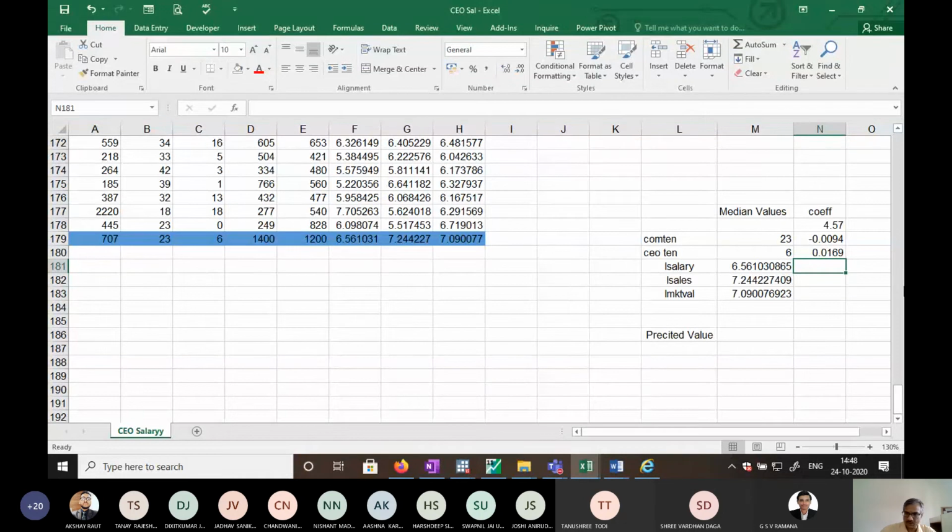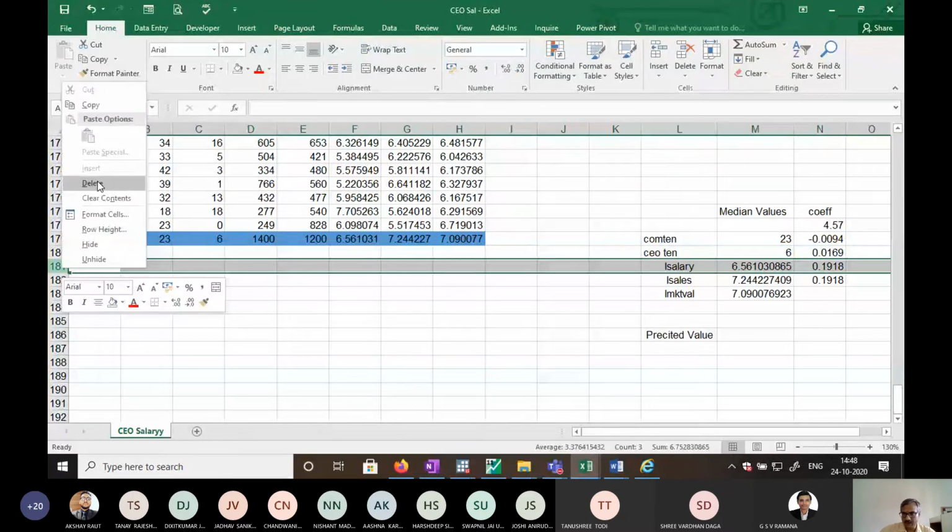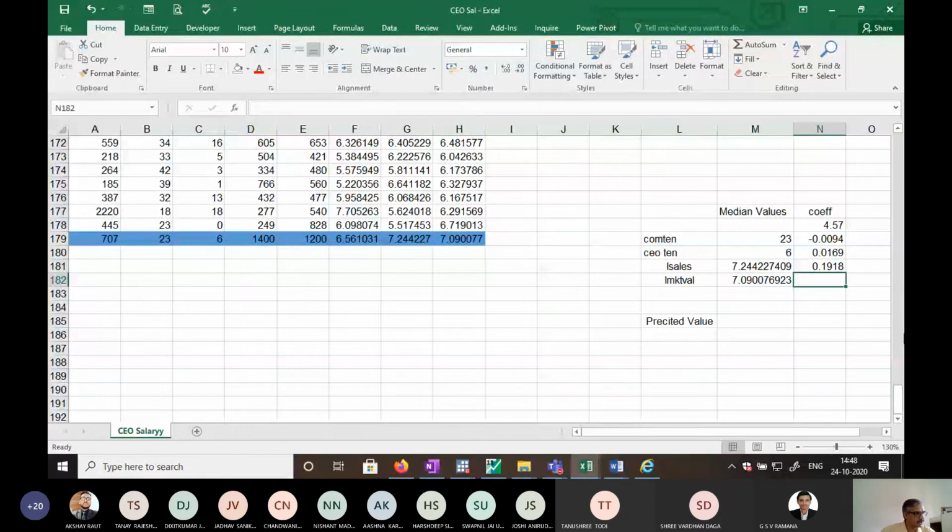L sale is equal to 0.1918, and then we have market value equal to 0.094. So these are the values which I have calculated.